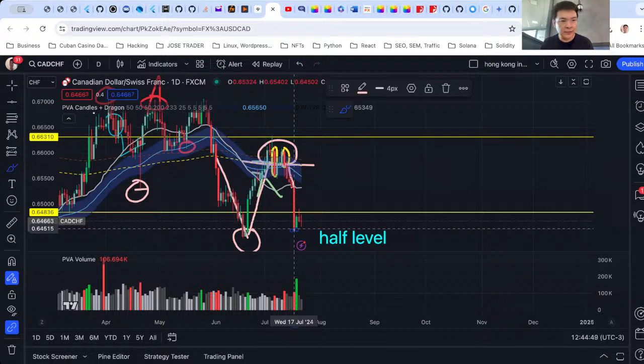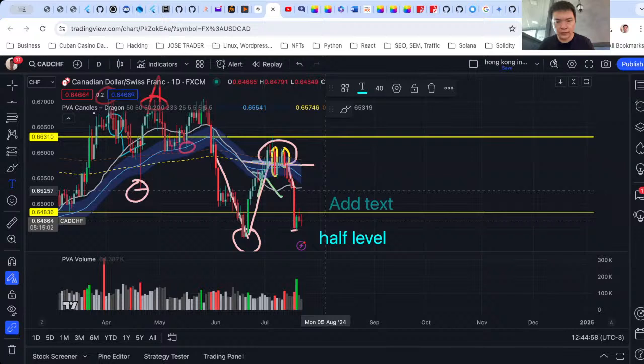So at 0.64500, I identify the half level. Let me type it for you guys: 0.64500. This 500 is what we call the half level. If it were 0.64000, this would be a whole level. But because it's 500, it's a half level.